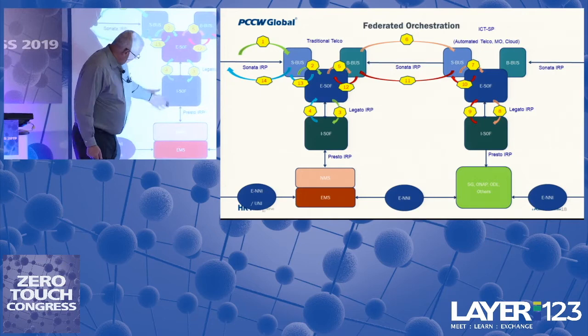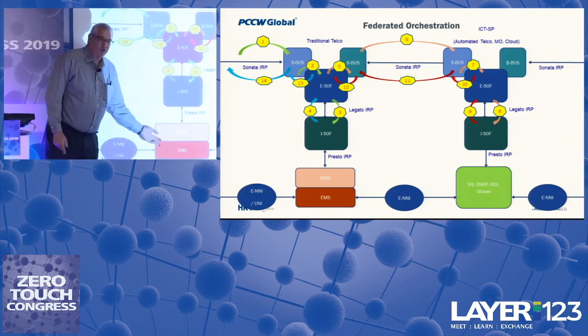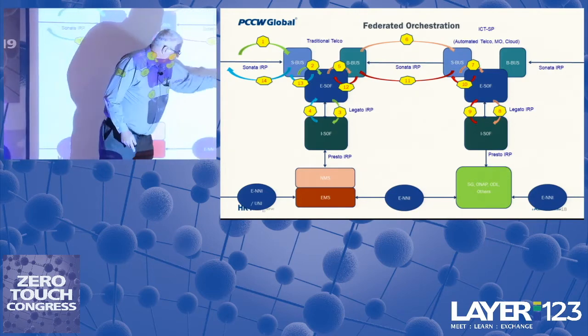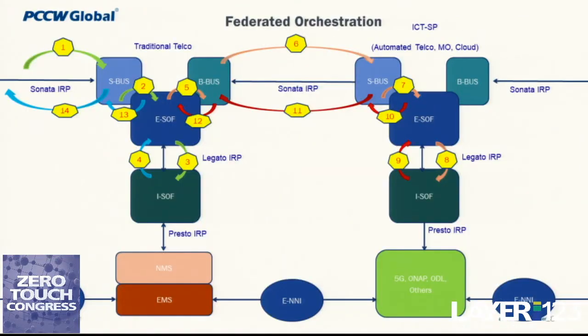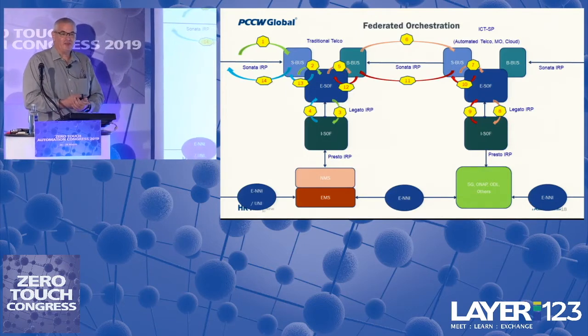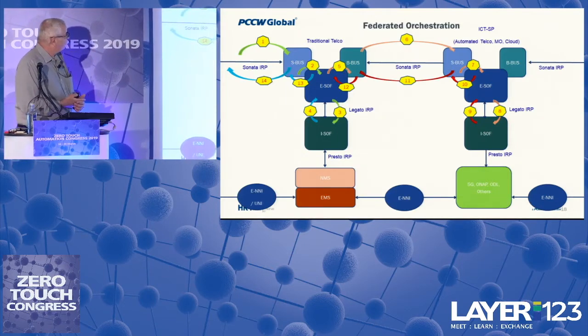And this, of course, can run through a traditional network with whatever EMS or NMS that you're using, or it can run through 5G, ONAP, ODL, others, any kind of network that adheres to this approach. And this is just a flow of a request coming in, being analyzed, internal costs, external costs, etc. Again, this is just a very draft representation that is going to be discussed in MEF 55 over the coming, I guess, few months or year.